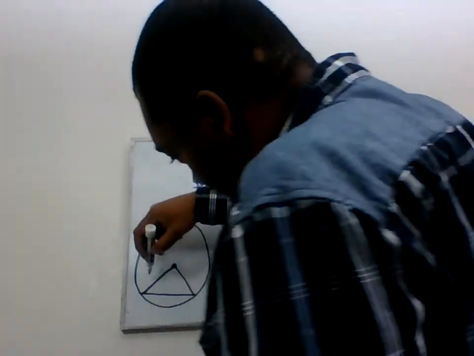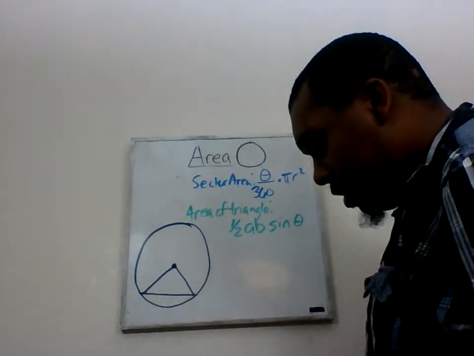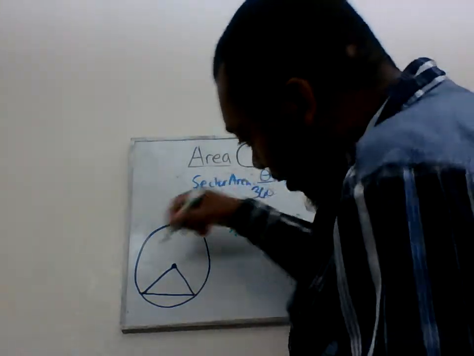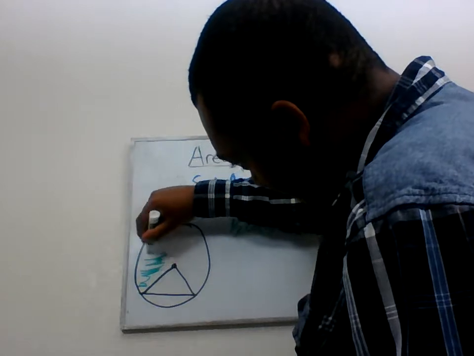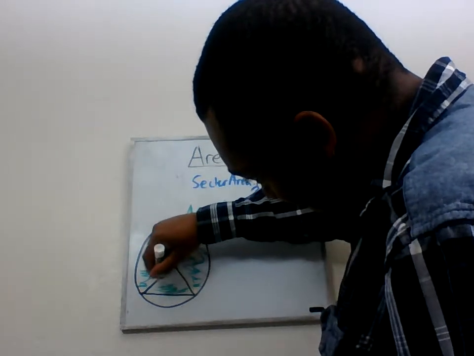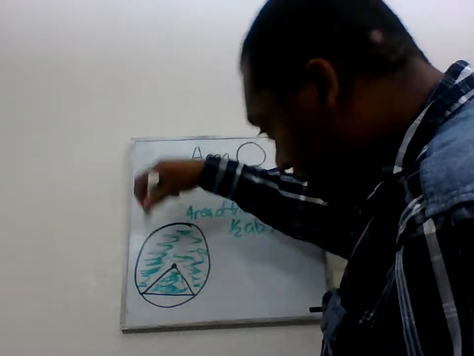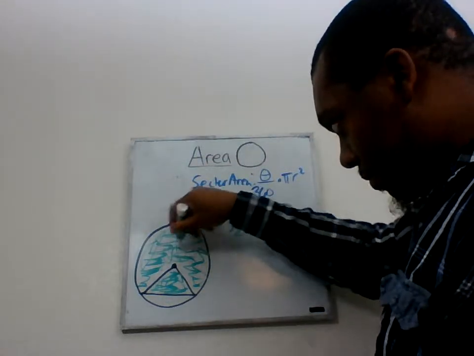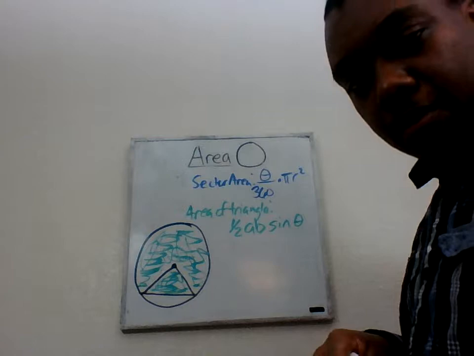So if we had a circle, okay, and this whole thing here that's shaded, this was what we're looking for.